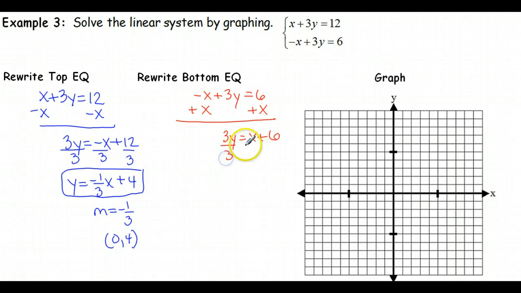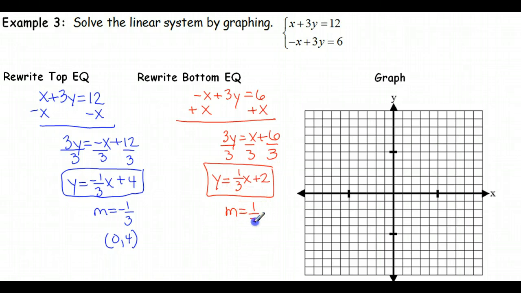Divide everything on both sides of the equation by 3, and we're left with y equals, just like in the last example, x over 3 is the same thing as 1/3 x plus 6 divided by 3, which is 2. Here we have a slope of 1/3 and a y-intercept of 2. So let's go ahead and graph these.